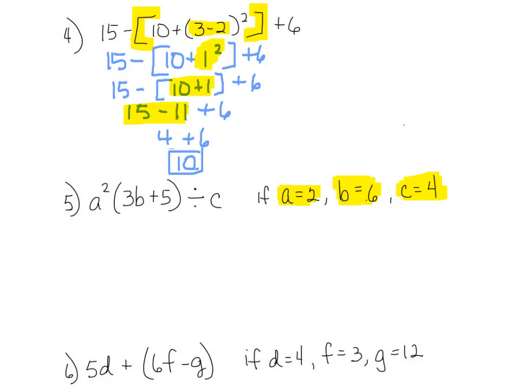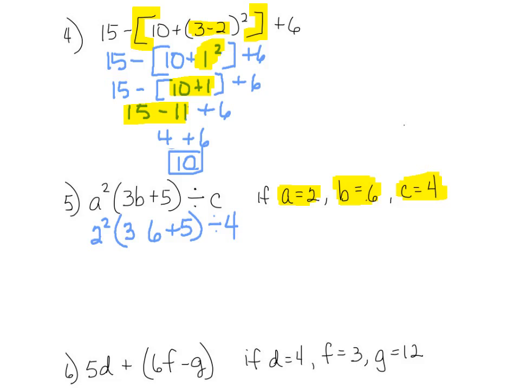So let's go ahead and substitute. A squared would actually be 2 squared. And then 3b is actually 3 times 6 plus 5, and then divided by C, and C equals 4.